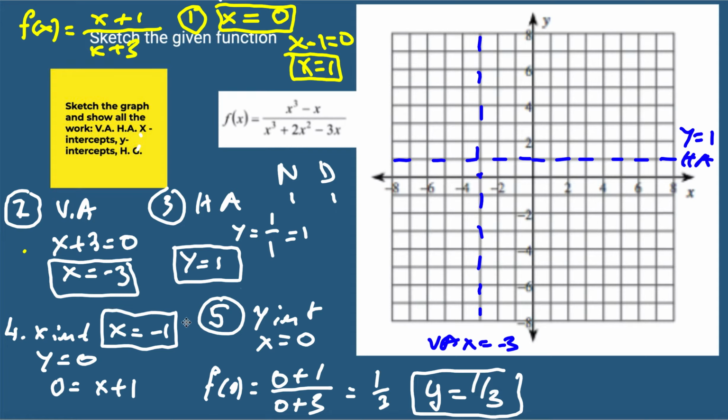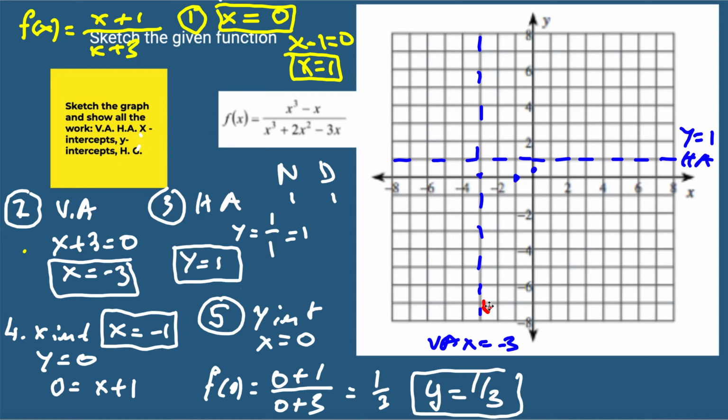Now we are going to plug in the x-intercept. The x-intercept is minus 1, so minus 1 is here. And the y-intercept, 1/3, let's say, is here somewhere. Now we are going to connect those points with the graph.